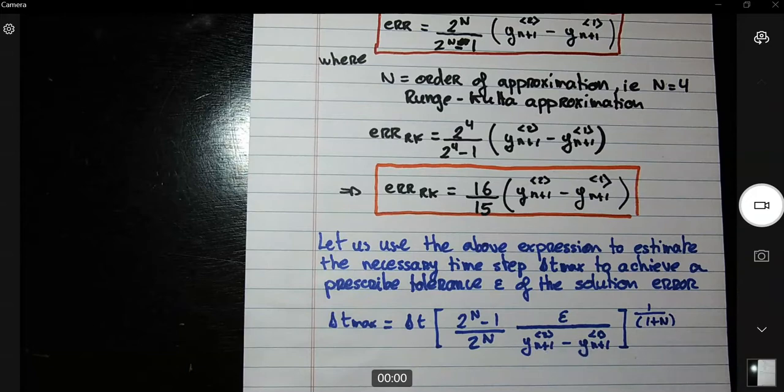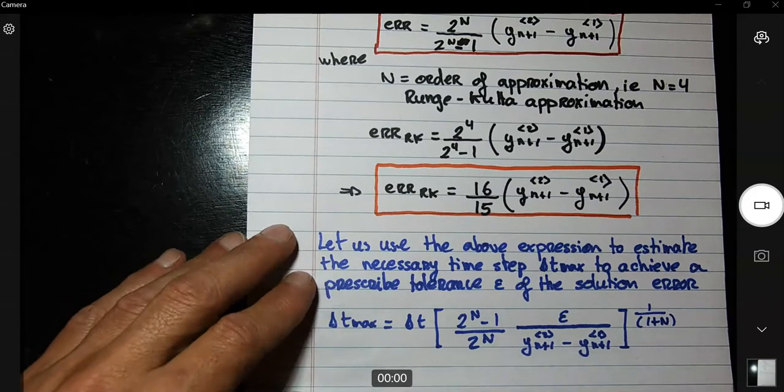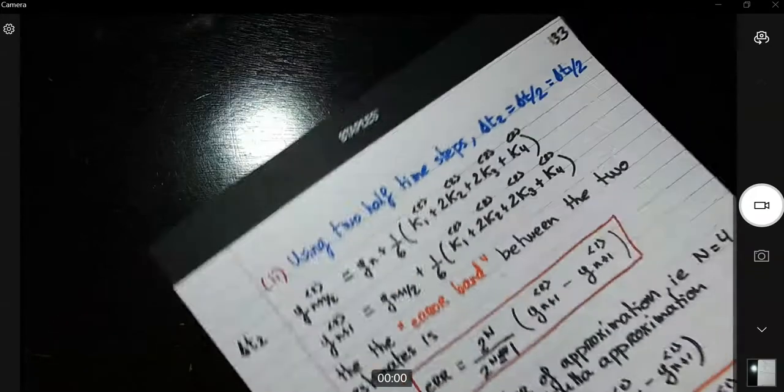Alright, so that means, again, let me go to the next page. So this will be page 134. Okay, so that means that now we're going to need this solution here.